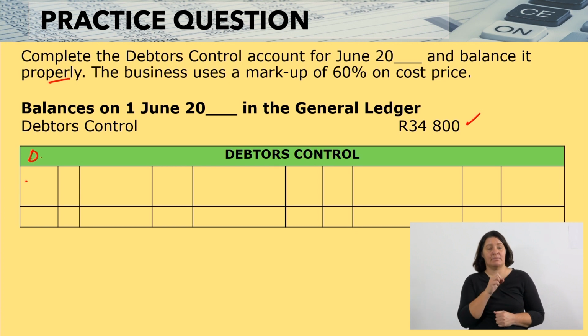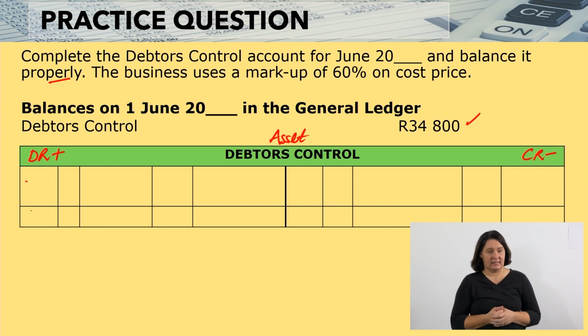I will therefore come here. Remember, your debtors control increases on the debit and it decreases on the credit. Why? Because your debtors control is an asset account. This is an asset. I will therefore bring my debtors control balance. I'll come here, the month is June.